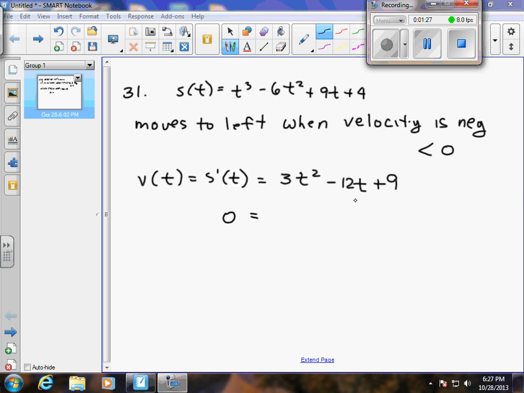What I do is determine where the velocity is 0. So I set the velocity equal to 0 and solve for t. Oh, we can factor out a 3, and that makes the factoring easier.